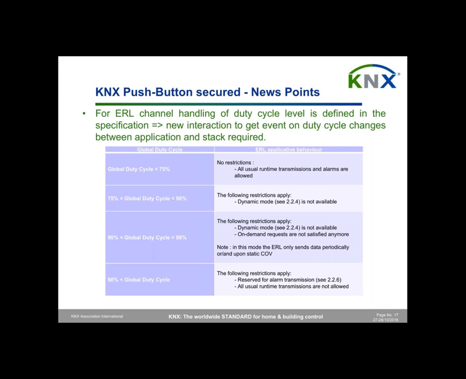And if you are at the limit, that means 98%, we only transmit alarms, and all runtime information is not allowed. Linked with this, we also have a new data point that is sent by multicast to all receiving devices to inform them of the duty cycle value of the device.